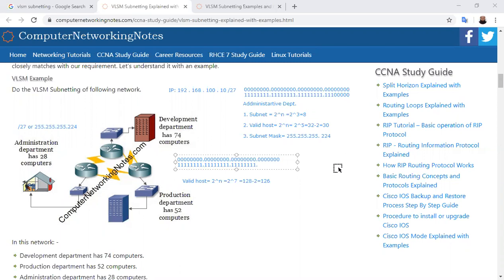So there are 24 ones, and 7 zeros will remain here. 1 2 3 4 5 6 7, 7 zeros are here. So we can easily find out the subnet mask from here.